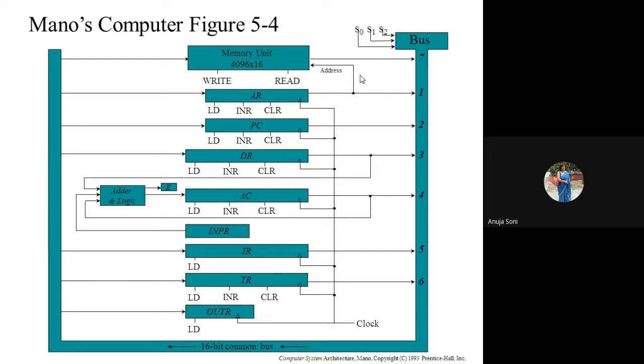Means with respect to one clock cycle, the one clock pulse, only one value, one time these values get changed. Second with respect to second clock cycle, and with respect to next clock cycle, again its value changed. It can be either 1, 2, 3 or 4.